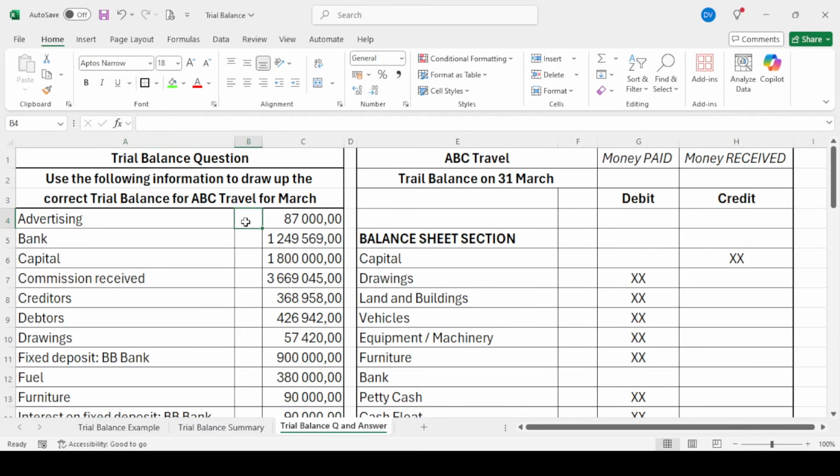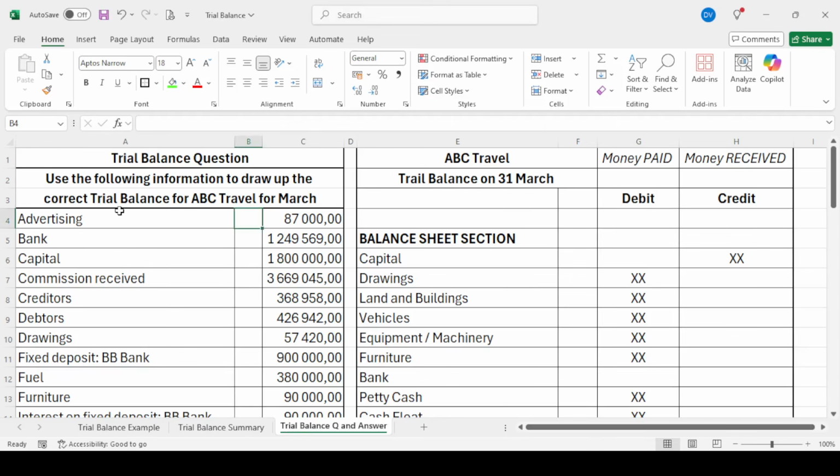Okay, I've just made a column here for myself so I can type. But in the exam, guys, you just take your pencil and quickly scribble down the letter B or the letter N next to the word. So by the time you transfer the information onto your correct trial balance, you're simply copying and pasting.